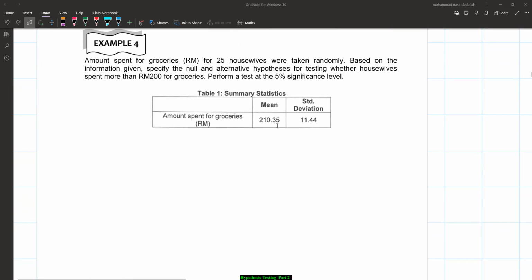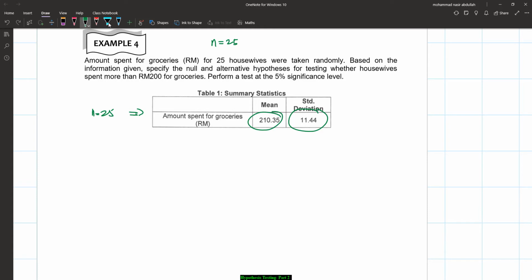So example number 4, the amount spent for groceries in Ringgit Malaysia for 25 housewives were taken randomly. Right? So they give us n is equal to 25. So we have a sample mean equal to 210 and standard deviation equal to 144.